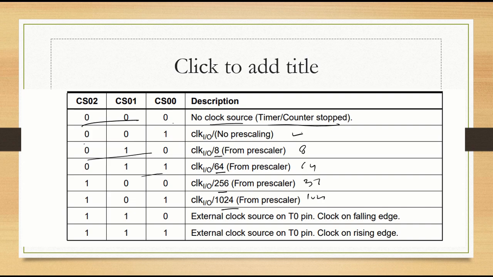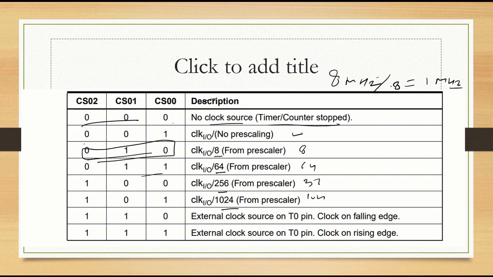So for example, the CPU clock is equal to 8 megahertz, and we have selected this option 010. Then the timer clock will be 8 megahertz divided by 8 equal to 1 megahertz.